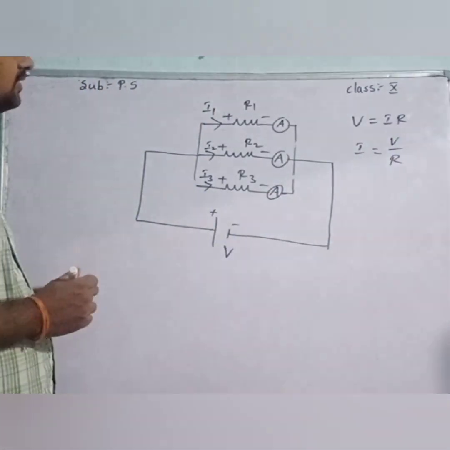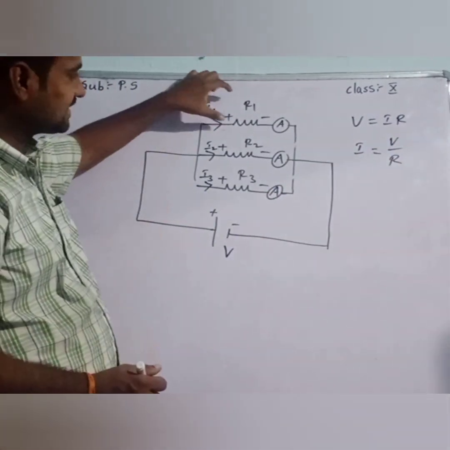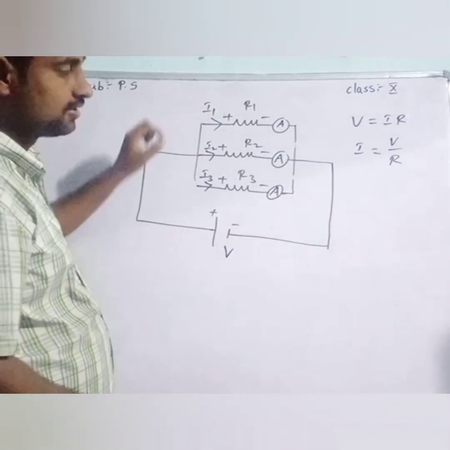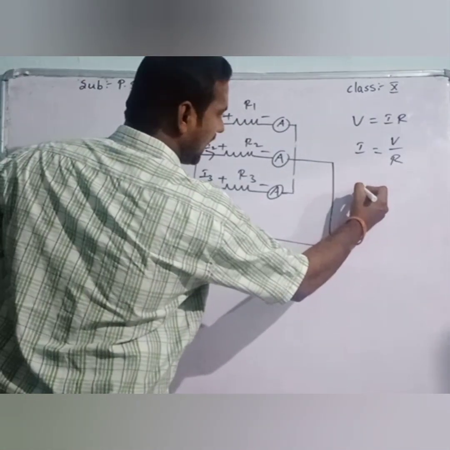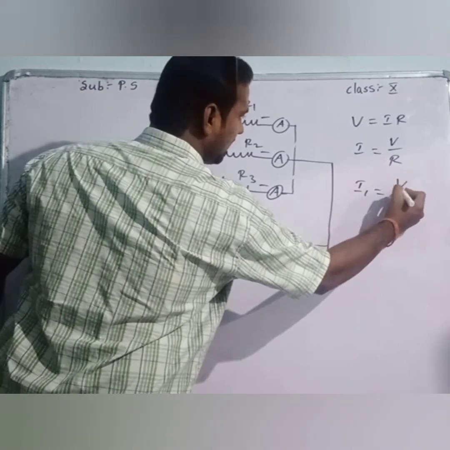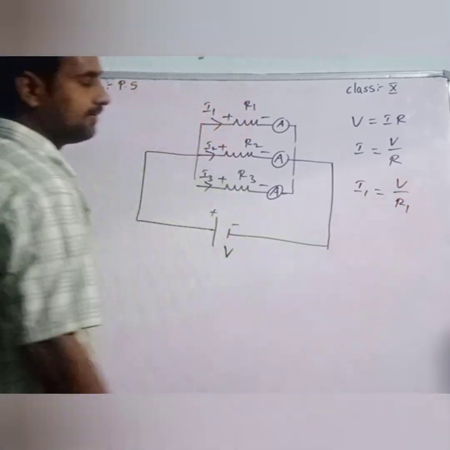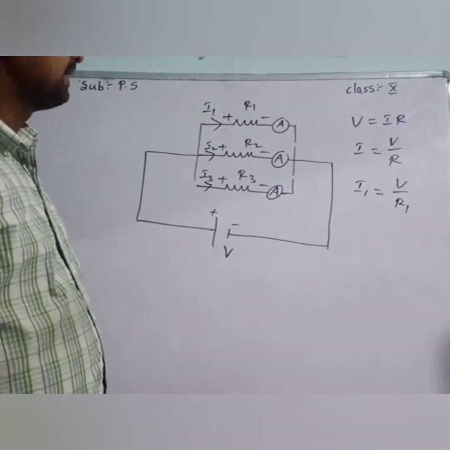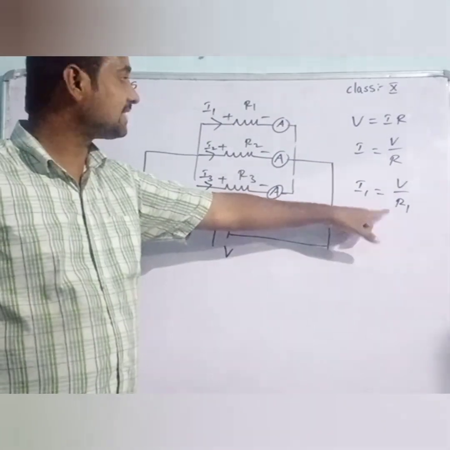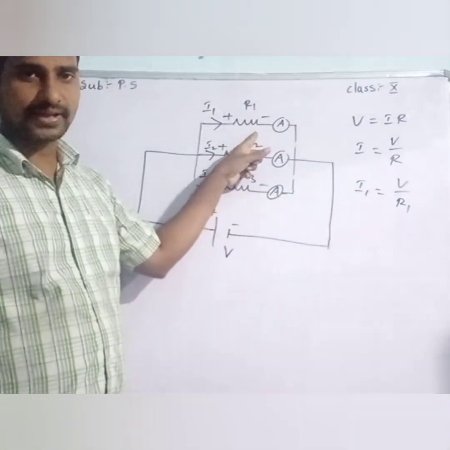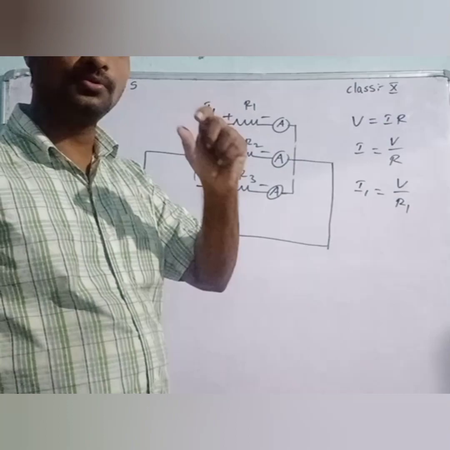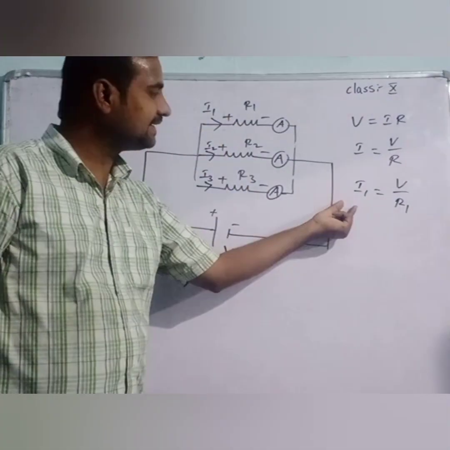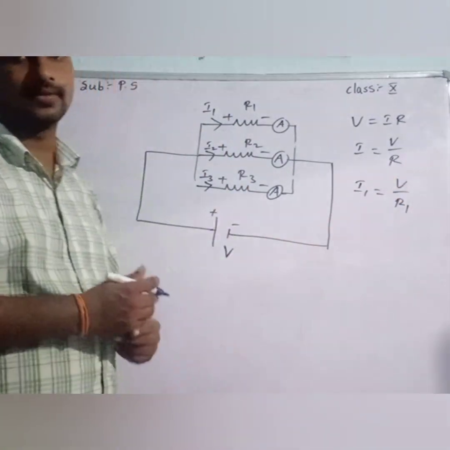Now the current passing through the first resistor, I1. According to Ohm's law, I1 is equal to V by R1, where V is the voltage of the battery and R1 is the resistance of the first resistor. So the current passing through the first resistor I1 is equal to V by R1.